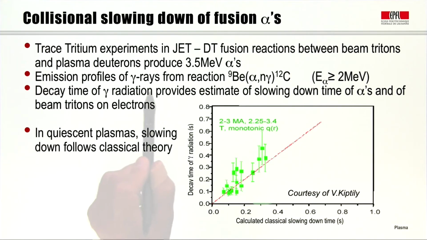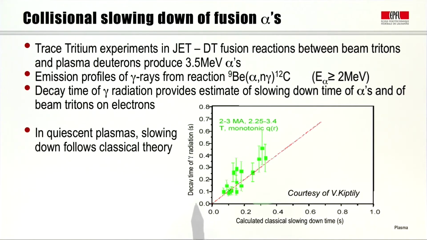So the emission of gamma rays is a signature of the presence of alphas with an energy of about 2 MeV or more. We can therefore take the decay time of such an emission, or in practice, the decay time of the measured radiation in the gamma range of frequencies, to get an estimate of the slowing down time of the alphas and, of course, of the beam tritons, slowing down time that is supposed to be given by the interaction with electrons.